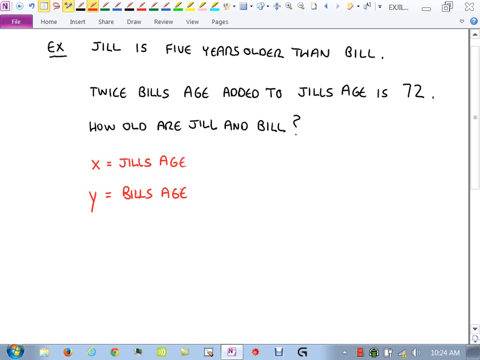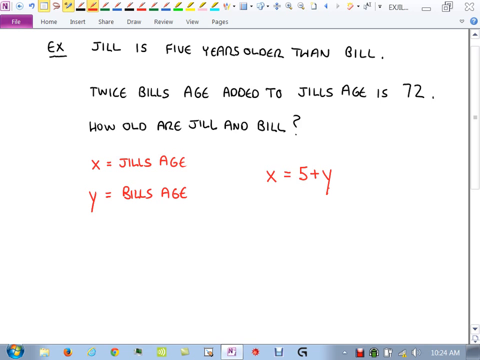X is 5 years older than Bill. So 5 plus Bill, Bill's Y. So X equals 5 plus Y. If that's all you had, there's an infinite number of answers, right? Bill could be 20, Jill would be 25. Bill could be 30, Jill would be 35, right? But there's more information given.